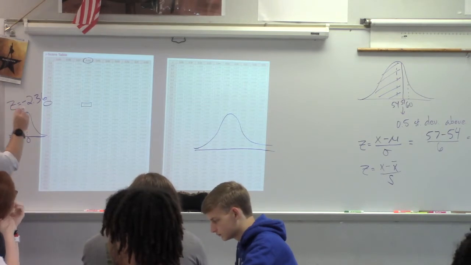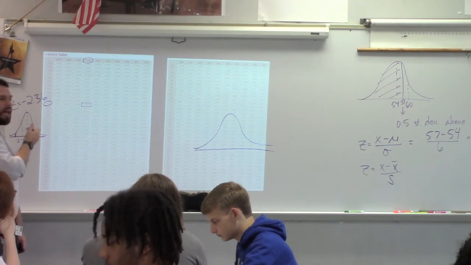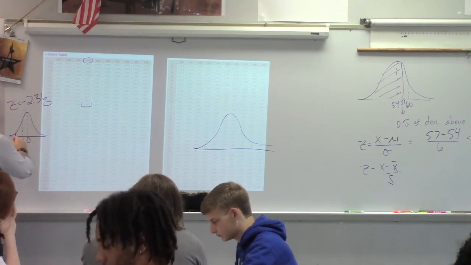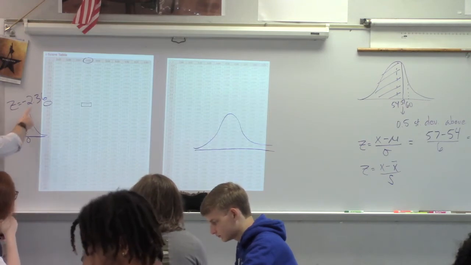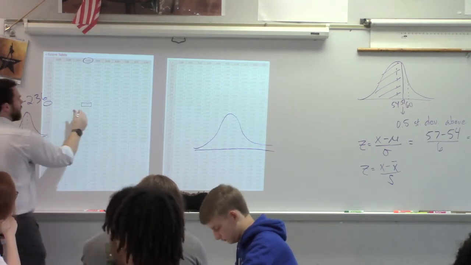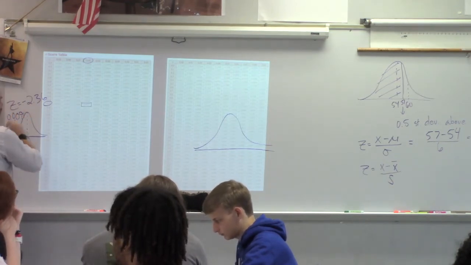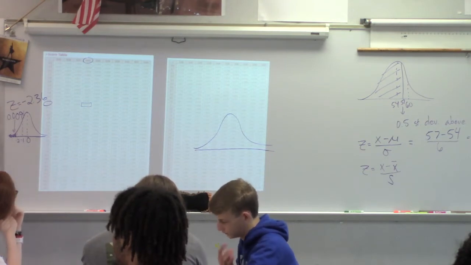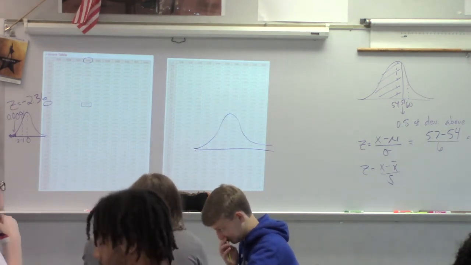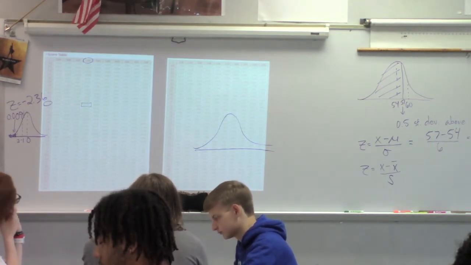What this table is always giving you is the area to the left of that z-score. So the area underneath the curve to the left of negative 2.36 is 0.0091. We're going to have to learn how to use that to find areas to the right.